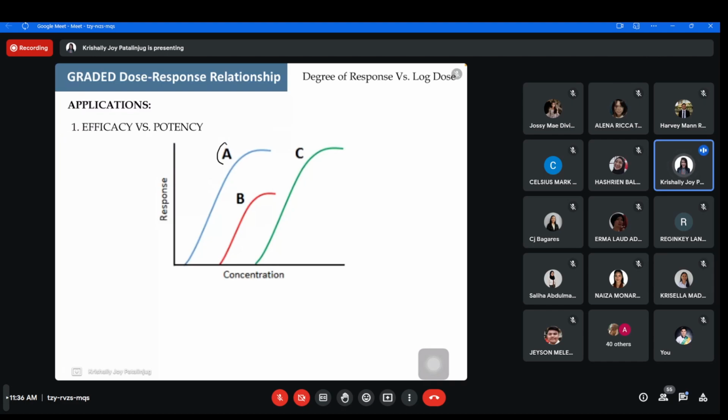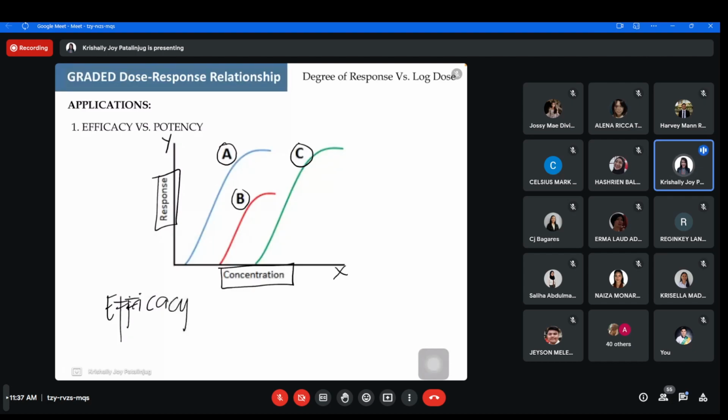You have drug A, drug B, and then drug C. So meron silang kumbaga plotted curve based on their dose and response relationships. Again, sa x-axis is the dose of the drug, y-axis the effect of the drug or the response. You have three drugs here, A, B, C. Then you will be asked, halimbawa, among the three, which is more effective?